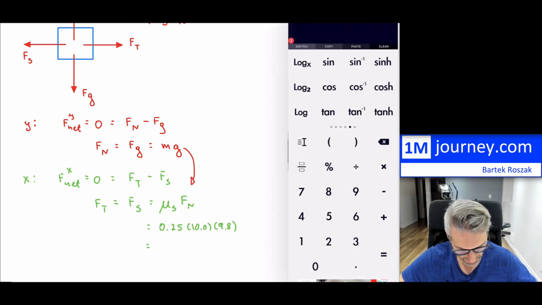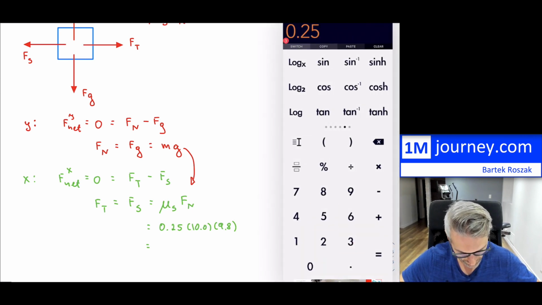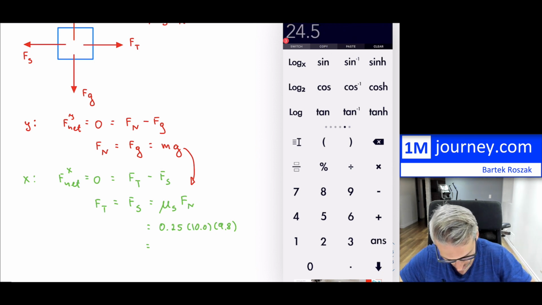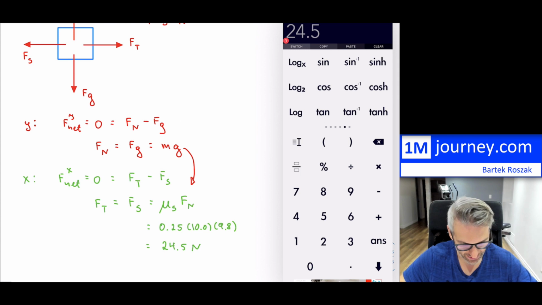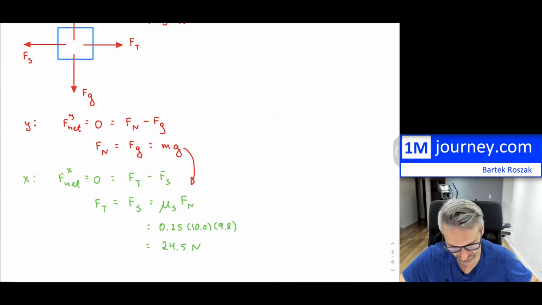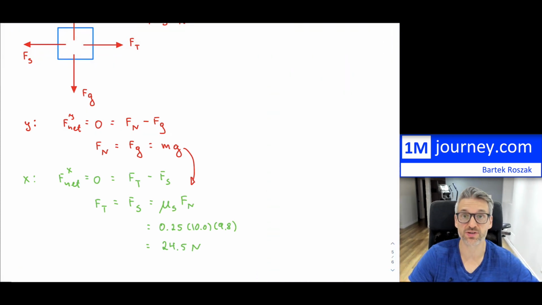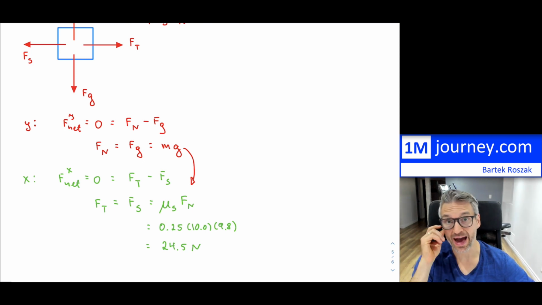So what would this be? If I take 0.25 times 10 times 9.8, that is 24.5 newtons. I'm going to forget the rounding in here. So let's just keep it as it is and not worry about the rounding. The actual interpretation of this matters to me.